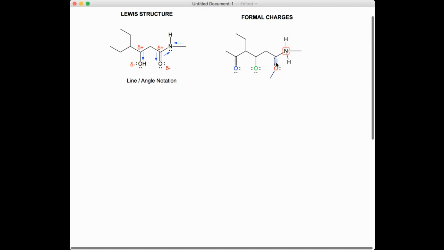There is a double bond here, carbon oxygen, and there is a bond oxygen carbon here. So total is 3 bonds. Okay. So 3 bonds, that accounts for how many electrons total? 6 electrons, right? So 6 electrons divided by 2 gives me 3 electrons for oxygen.